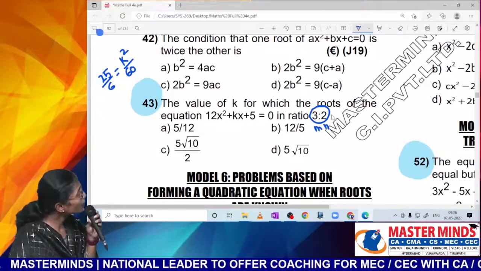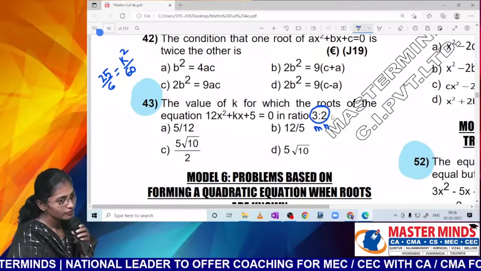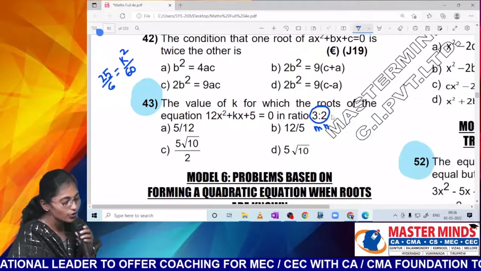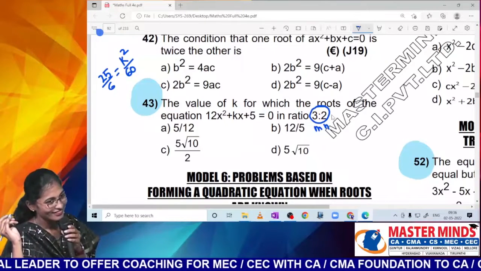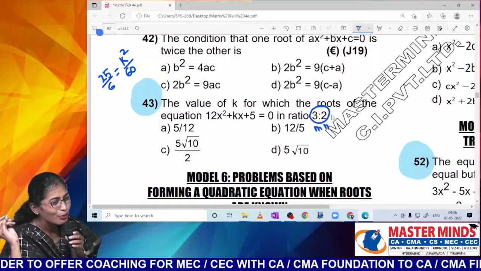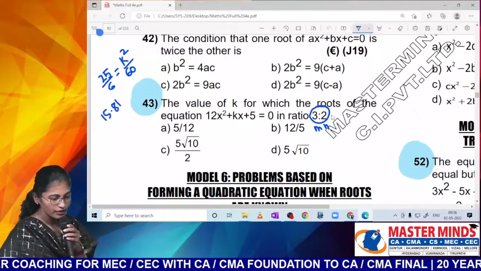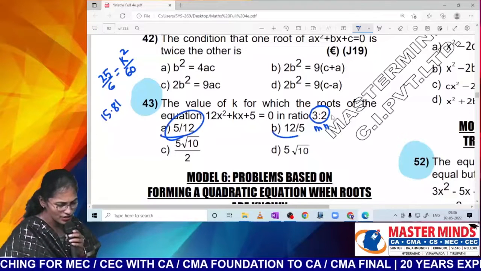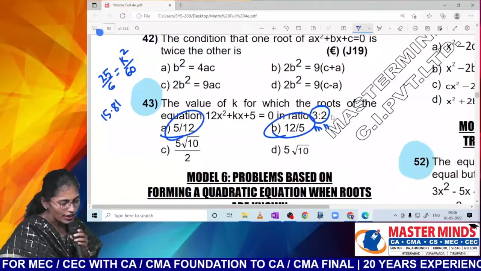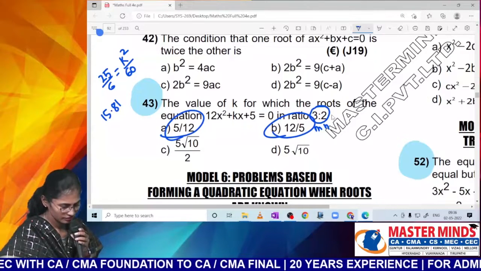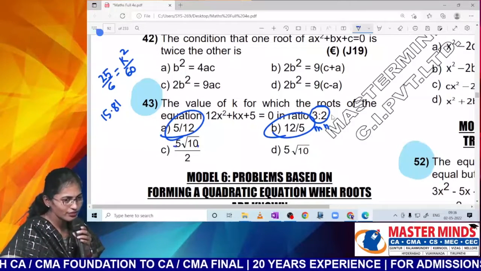Take your calculator, 25 into 60. 25 into 60 by 6 under root. How much? Not 15 point something, this is 0 point something, this is 2 point something. Okay, calculate root 10, make it fast, into 5.